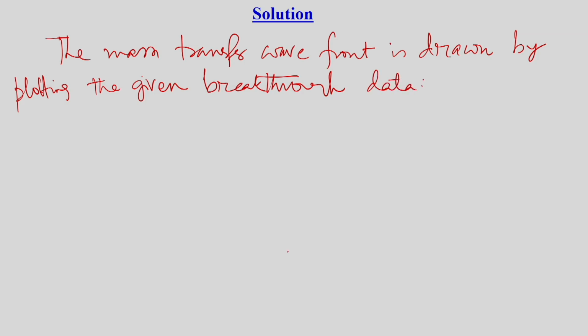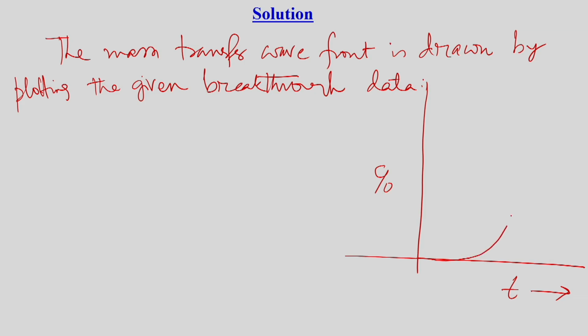It is tabulated like this. For solving this problem we need to use graph paper. Here we will be plotting time, and here we will be plotting C by C0. Then we will definitely get this type of S shaped curve.